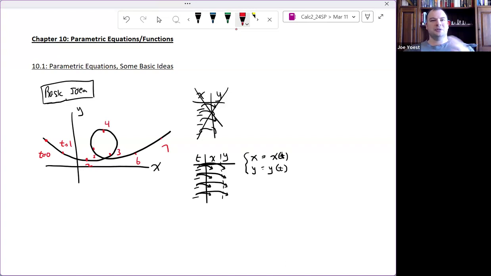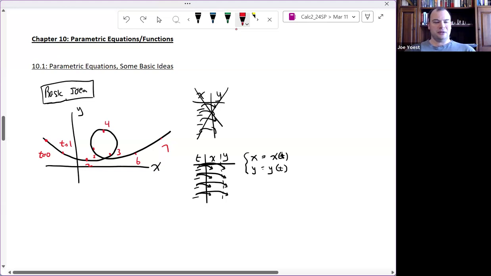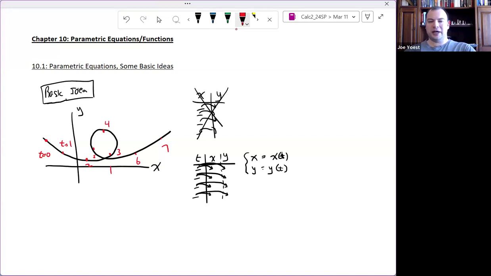So I have a functional relationship between T and X. If you tell me what time you're interested in, I could tell you exactly what X point you're at that time. I have a functional relationship between T and Y as well. If you tell me you're interested in time 4, I could say you were at this Y coordinate at time 4, even though there's not necessarily a functional relationship between X and Y. If you say you were at this X coordinate, I'm not 100% sure what Y coordinate you were at.